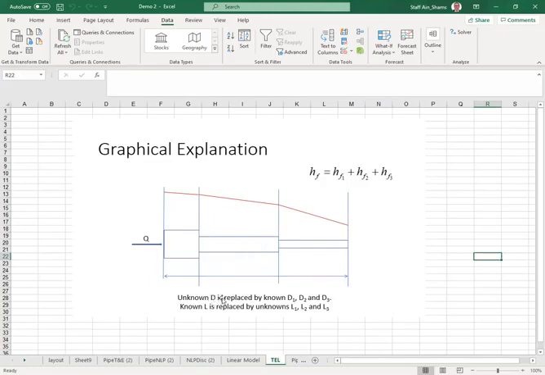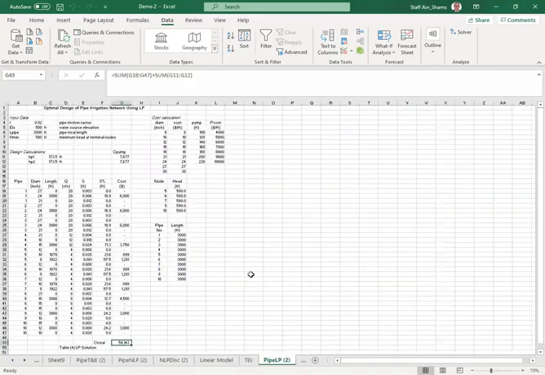Therefore, the unknown D's are replaced by 3 known diameters, D1, D2, D3, and the unknown L is replaced by 3 segments, L1, L2, L3, which are still unknowns. Then we go into the linear model.